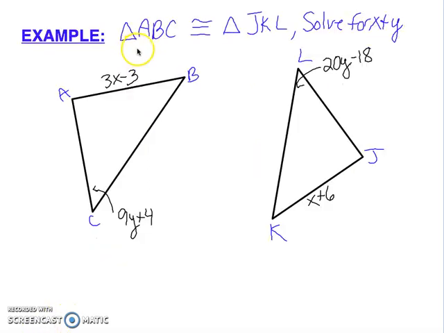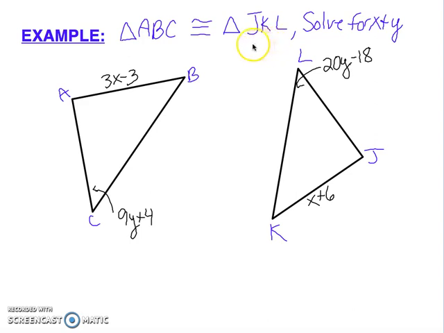In this example right here, we are given a congruency statement. And we are asked to solve for X and Y. It's saying triangle ABC is congruent to triangle JKL.